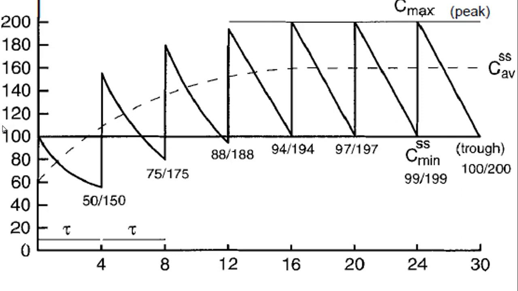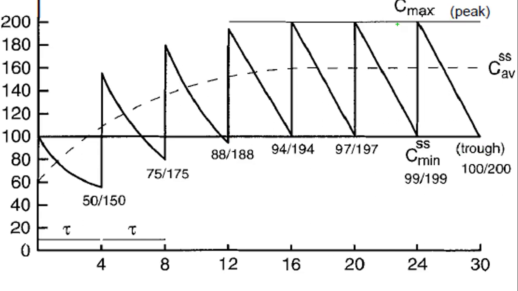So why is it plateauing here? Here there is a lot of difference, and why is it plateauing here? You see, this is called trough, and this is called peak.